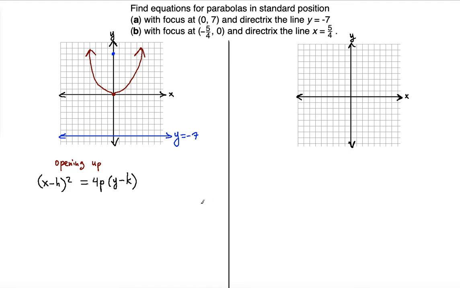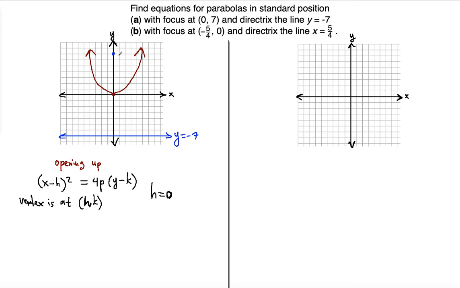So we know that the vertex is at (h, k). Graphically, we know the vertex is going to be (0, 0). But suppose that you want to also confirm using some algebra. We know that h is responsible for the x value, and in this case, x is just 0, so h is 0.